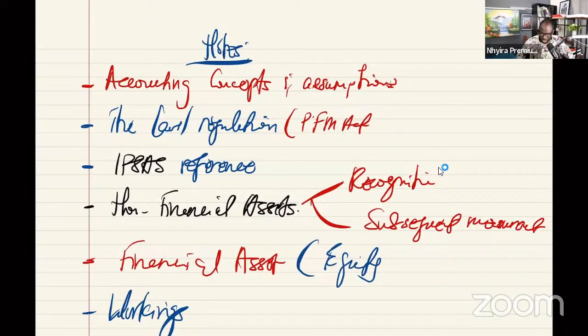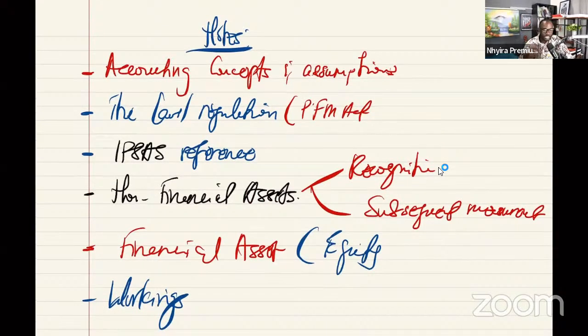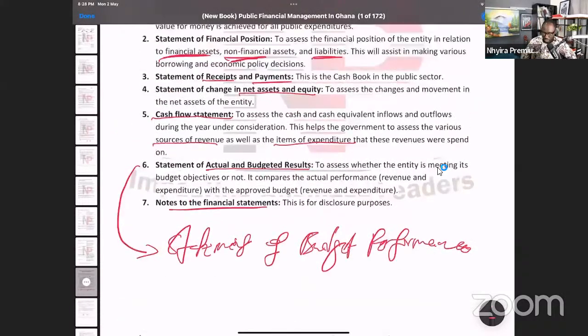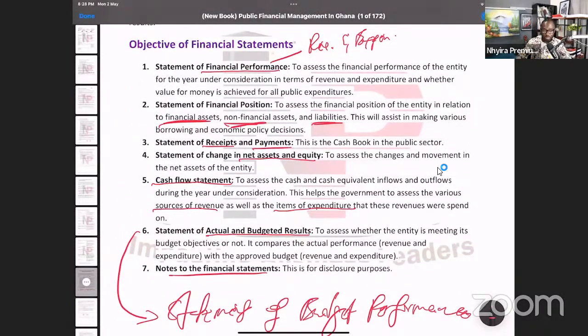So in the notes to the financial statements, these are the number of things that we will disclose. So when we talk about the financial statements that are prepared in the public sector, these are the things that you need to understand. The examiner can bring any of these. Performance and position can come together. Cash flow can be independent on its own.